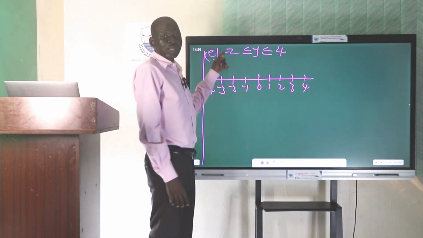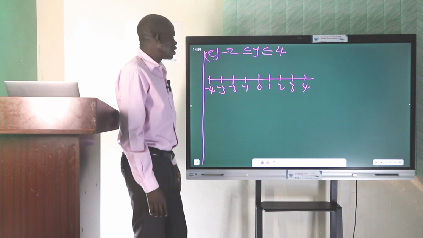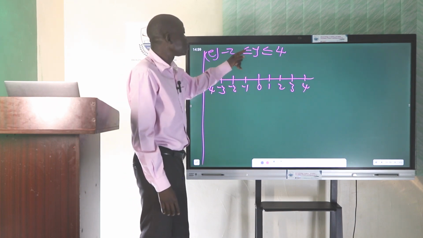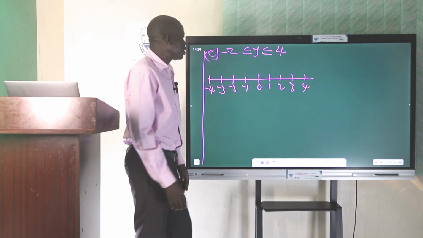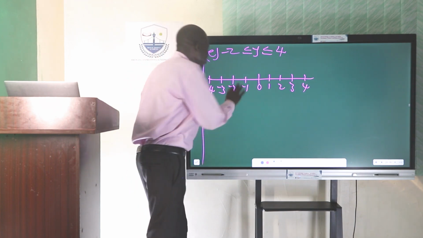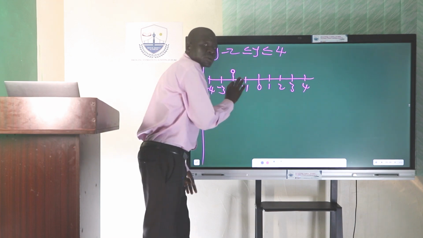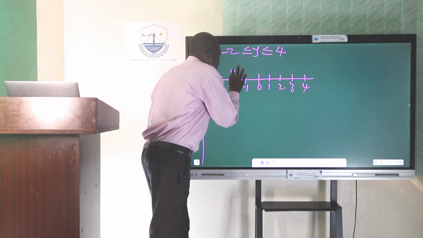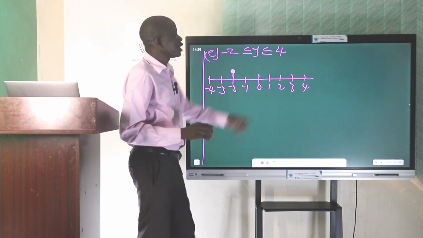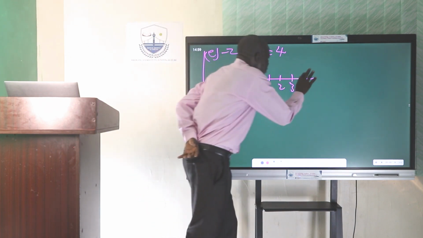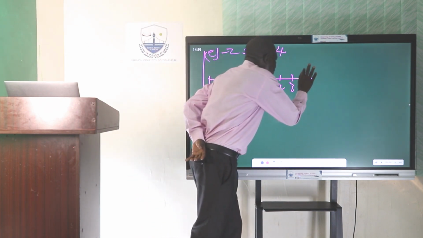So we go to where negative 2 is. But the sign next to it is less than, meaning that we use an open circle. So here we draw an open circle. Then we also go to where 4 is. 4 is on the right-hand side of 0.